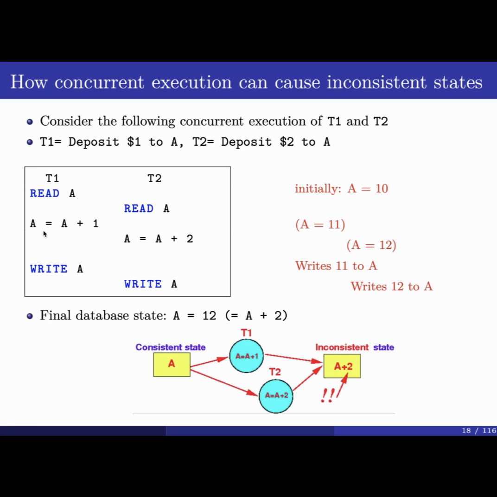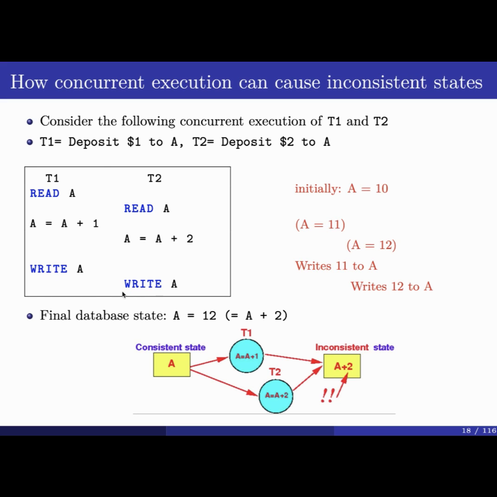Transaction one is going to add 1 to the current value of A. The current value of A is 10 plus 1 equals 11 for T1. What's the local value of A at transaction 2? It got the value 10, and adds 10 plus 2 equals 12. So A equals 11 at transaction 1 and A equals 12 at transaction 2.